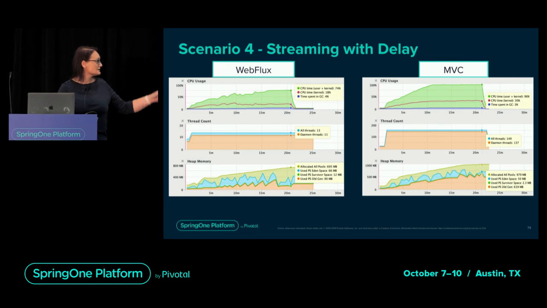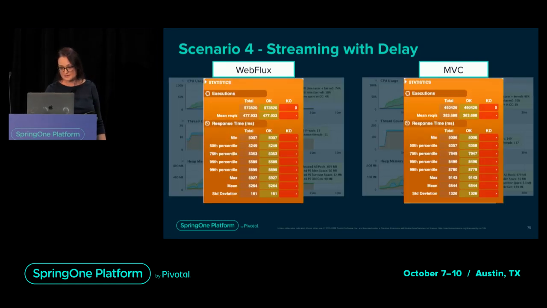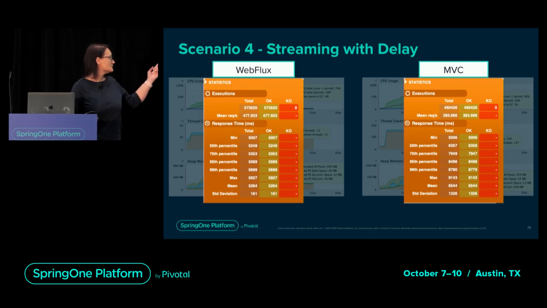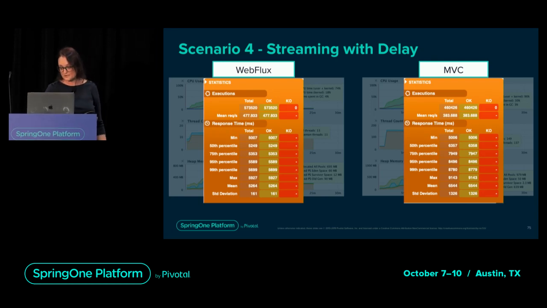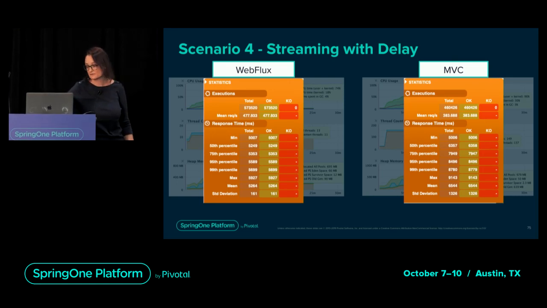Our memory increased, and what happens here, again, the request number that we sent with WebFlux is more than what we can send with WebMVC, and the response time is again 2 times slower than before, than WebFlux.